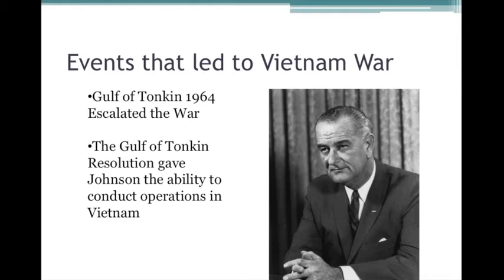And ultimately, Congress will honor that request and give him authorization. Now, they don't declare war, but they do appropriate money and give him the authorization to move against the North Vietnamese, which was referred to as the Gulf of Tonkin Resolution.